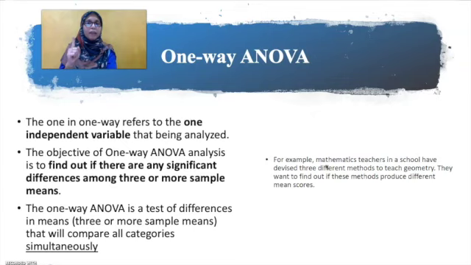One independent variable, which is the teaching method, but having 3 categories under it, which are 3 different methods to teach geometry. They want to find out if these methods produce different mean scores, so the mean scores become the dependent variable. So we have one IV and one DV, but the one IV has 3 or more categories. Therefore, we can run one-way ANOVA.